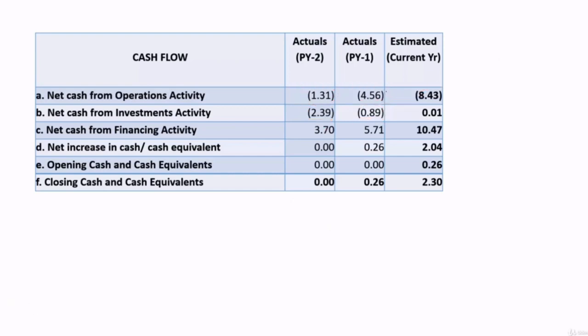Then they have negative cash flows in these two areas, and how did they get funds for all this? They got funds through financing activity. It means they have mobilized funds. So this 5.71 crore should be studied. How much had come from equity? How much had come from debt? So what is the proportion?